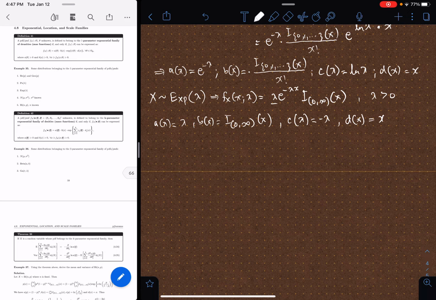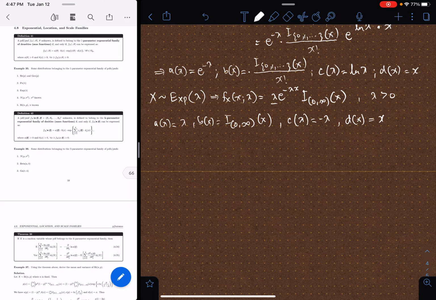idea. So, a PDF or PMF, f sub x, which is a function of several parameters. So, we denote that by theta underscore. So, in the definition, we assume that there are k parameters involved, which are all unknown. So, that PDF or PMF is defined to belong to the k-parameter exponential family of densities or mass functions if and only if we can write the density as a function alone of the parameters.